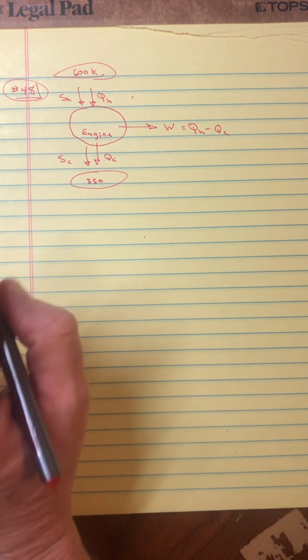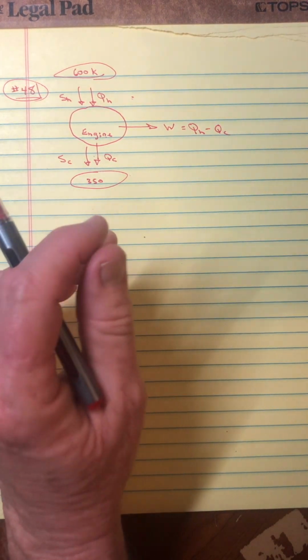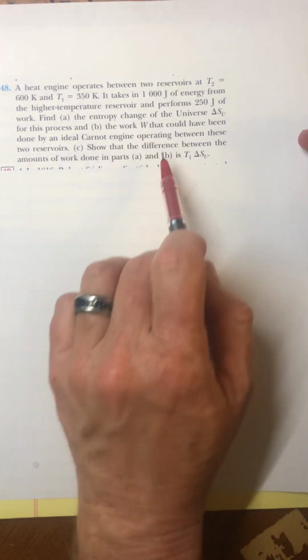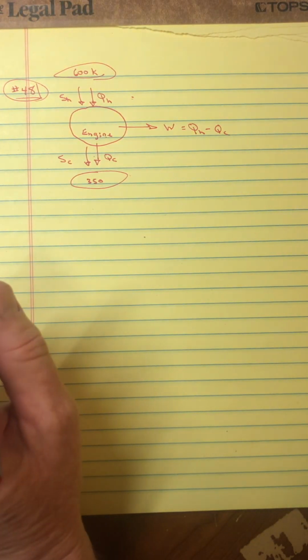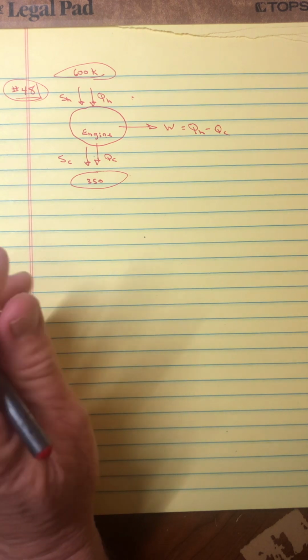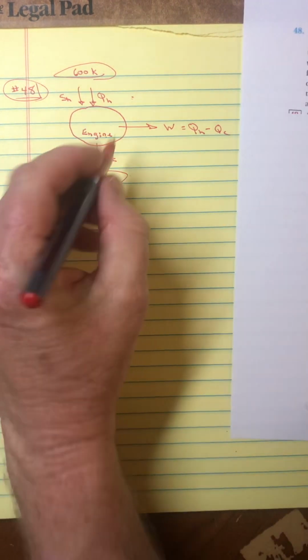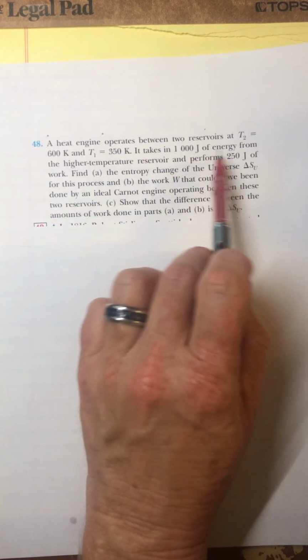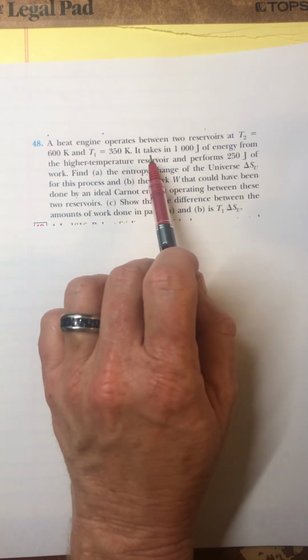And I think this does have some entropy in there. I know the earlier problems didn't have any entropy. Yeah, so somewhere down here he's talking about entropy. So good, I'm glad I put this in my little model here. But let me come back to the question. The heat engine operates between a 600 and a 350.